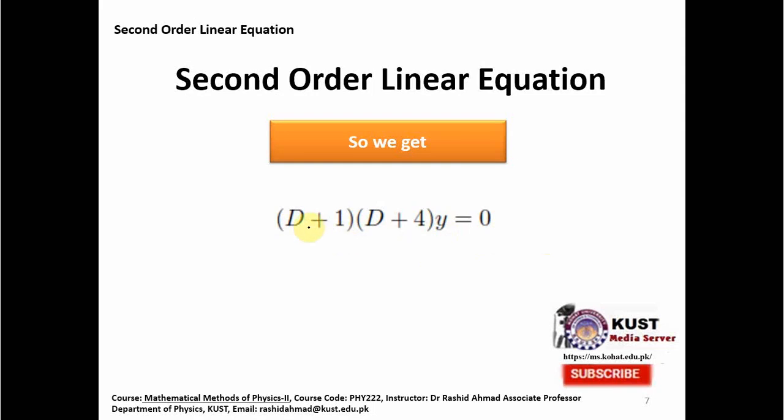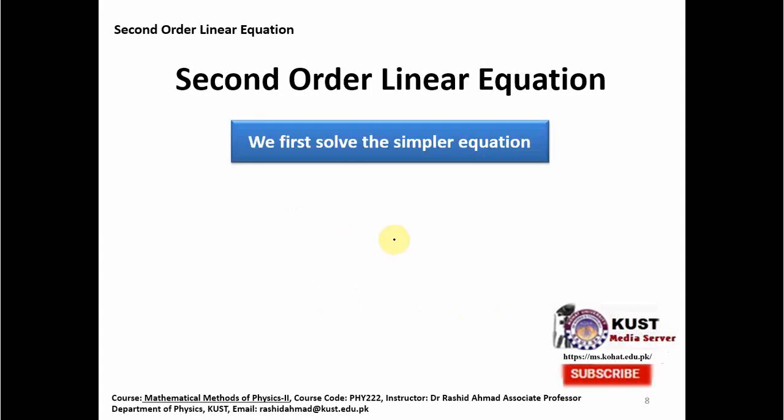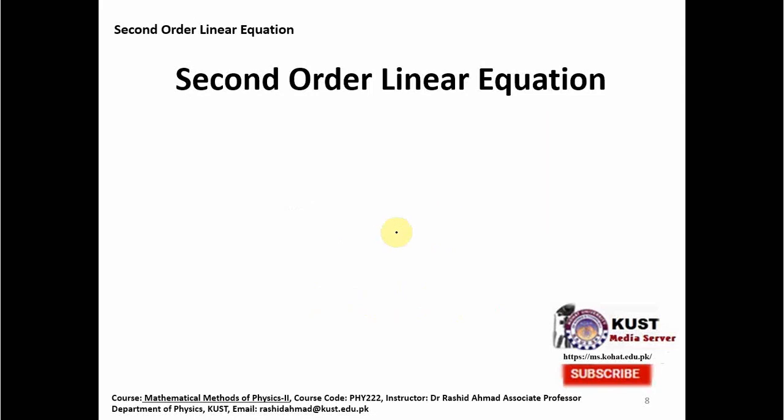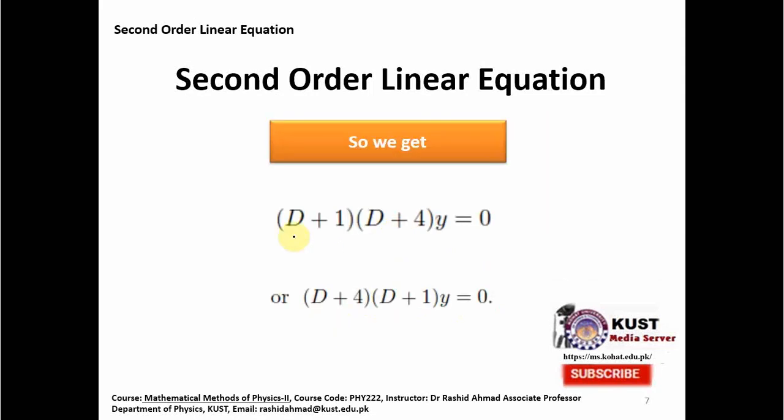It was the second order linear differential equation, which now has been transformed with the use of convenient notation and factorization into this form, or the other way around, just changing the order. So we first solve the simpler equation. Since there is a multiplication involved, there are two factors, d plus 1 and d plus 4, into y is equal to 0.